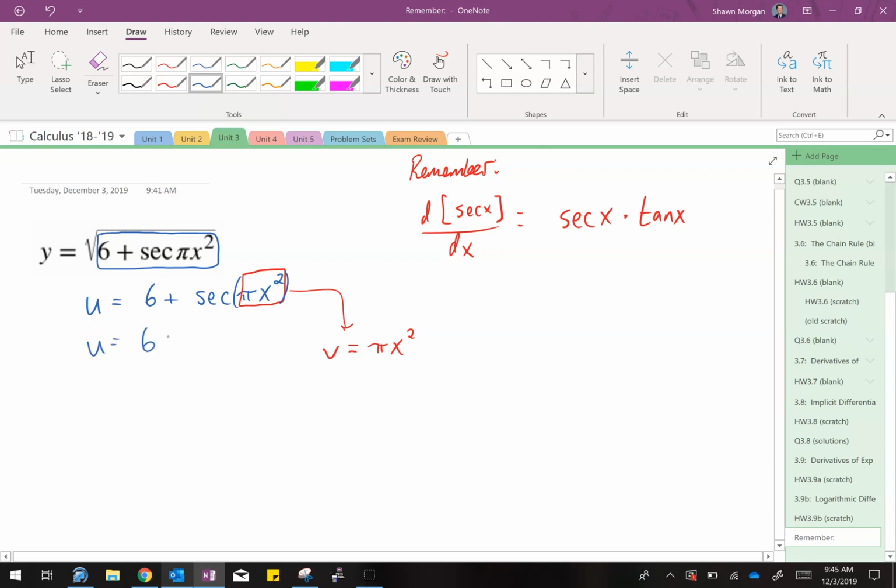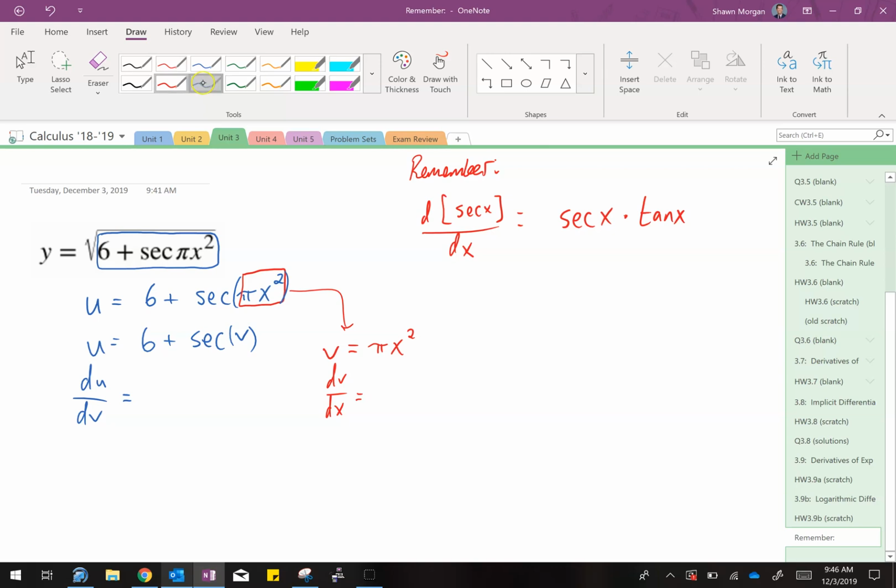So u now equals 6 plus the secant of v, which means I could definitely find du dv in that case. And we could definitely find dv dx. Which one do we want to find first, dv dx or du dv? You want to find the one in blue, du dv?